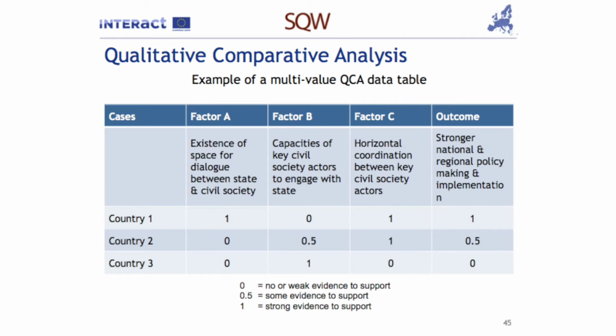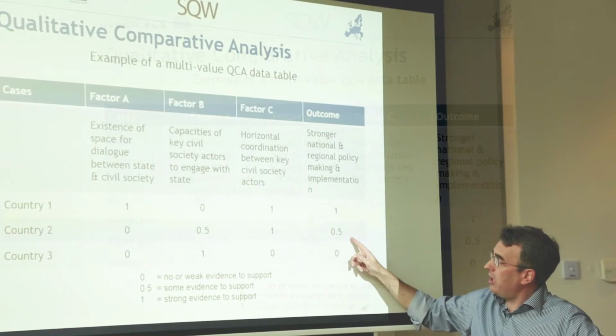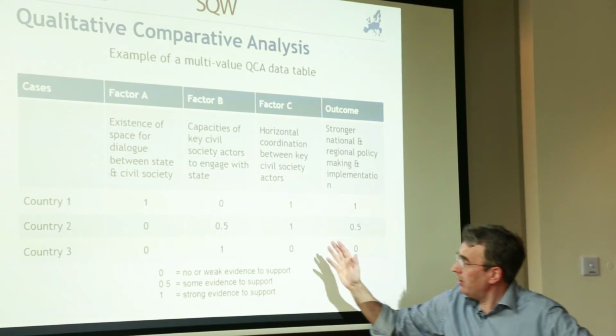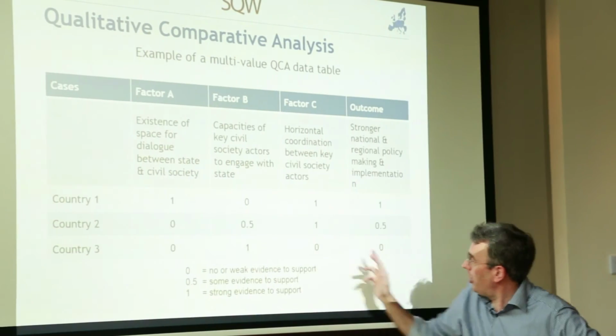And he develops a little simple table that says, look, for this country where it appears to have quite a strong outcome, I've assessed it here 1 and I've assessed it here 1. This country here I've assessed the middle outcome and for the factors here, and on this one here.